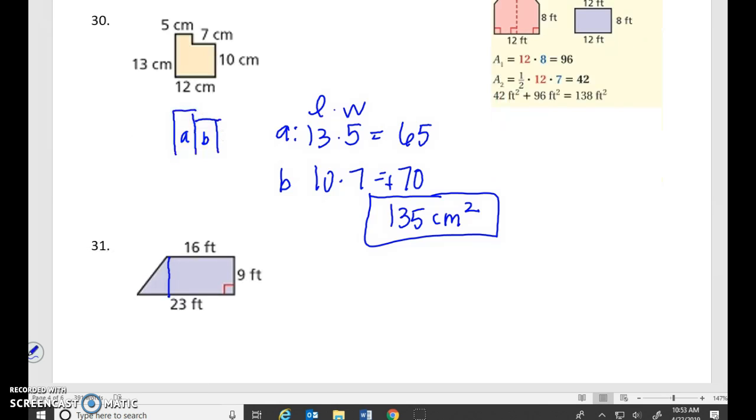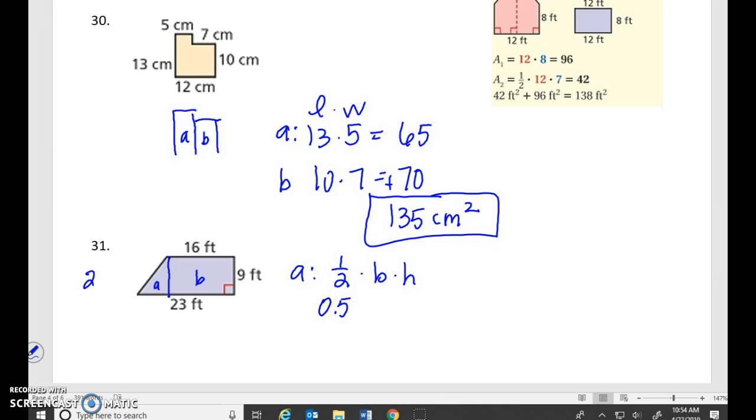Okay, notice on this one I drew my line down and we'll call this triangle A and this rectangle B. So for A, I want to find the area of a triangle. So what's my formula? 1/2 times base times height. 1/2 becomes 0.5. My base is 23? No, 7. How did you get 7?